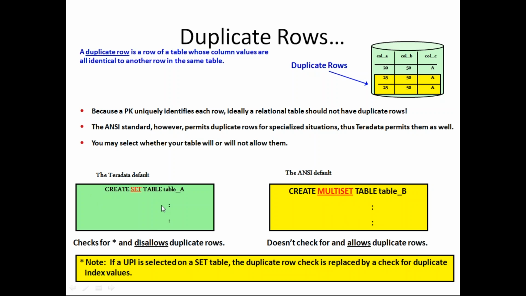And at the model tables, whenever you want duplicate values not to be stored, you choose a set table and a unique primary index as far as possible, so that the load can be optimized. So the combinations should be UPI with the set table and NUPI with a multi-set table.